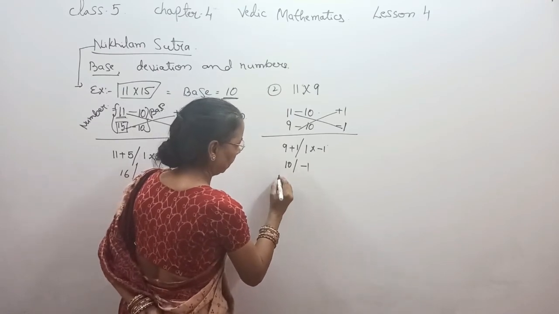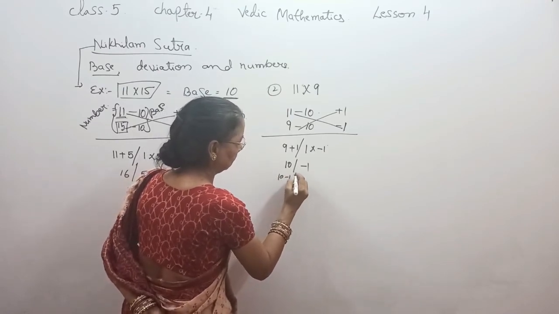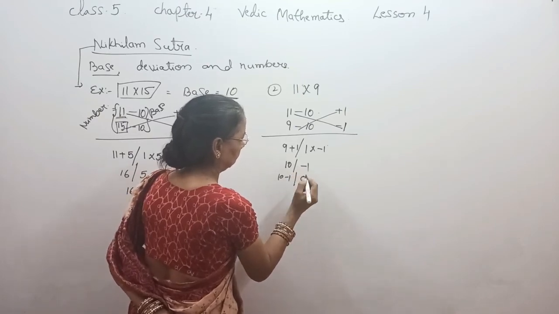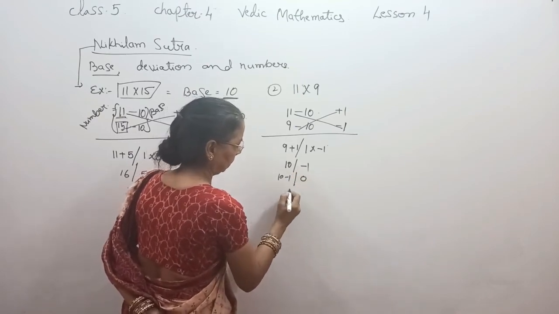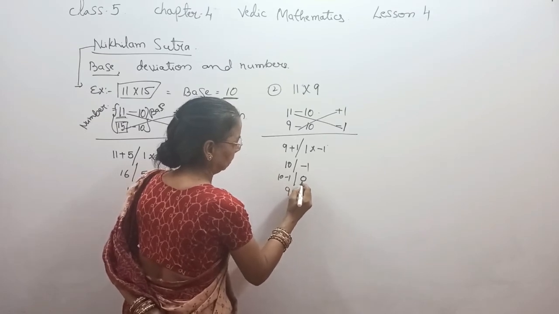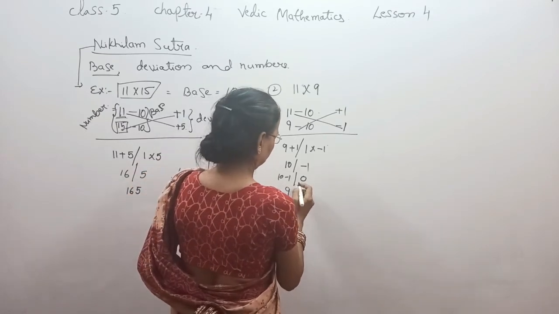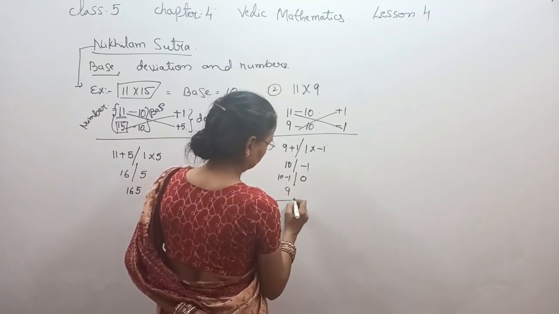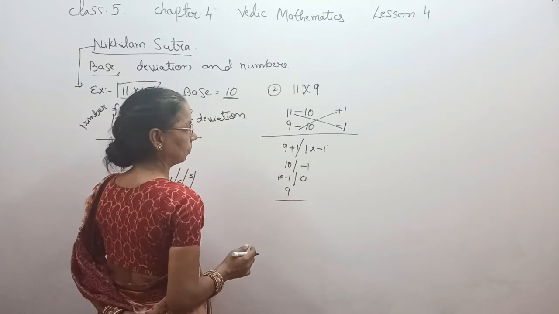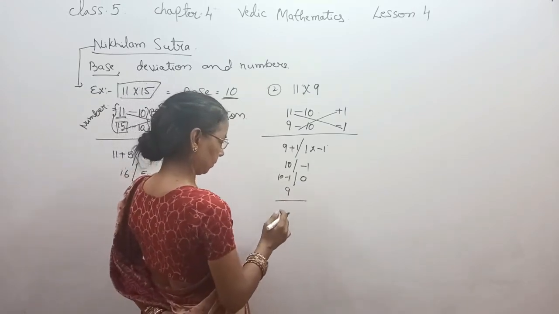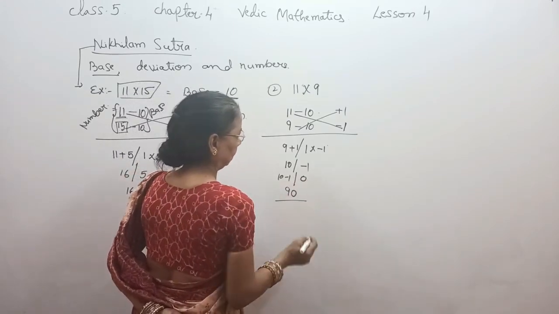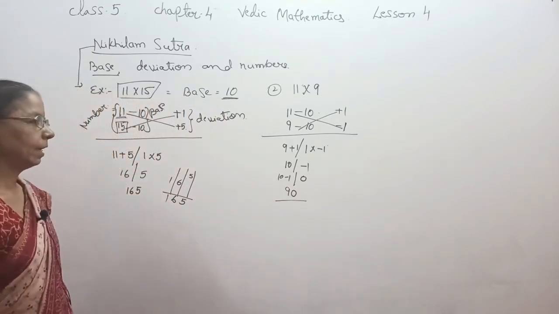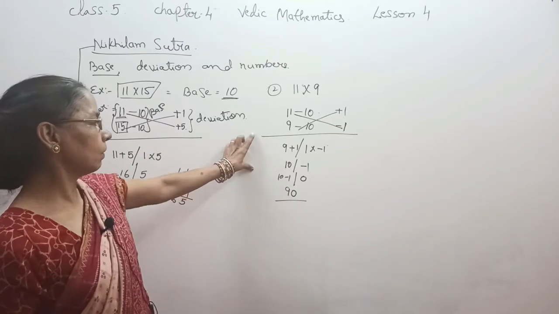Now 10 minus 1 is 9, and the other part is 0. What is the answer? It is 90. Like this we have to solve the problems.